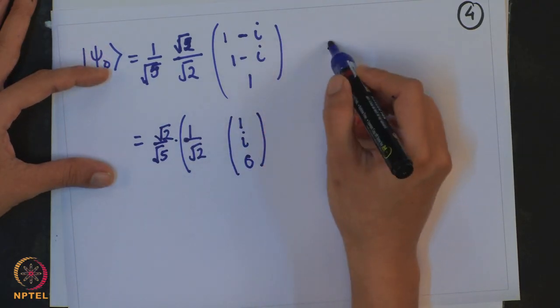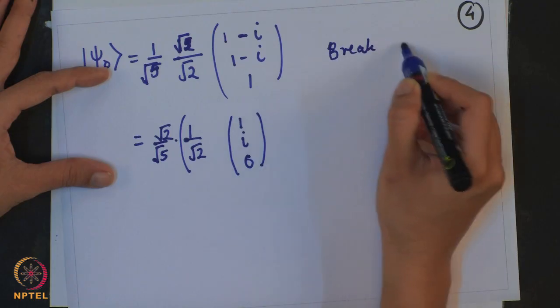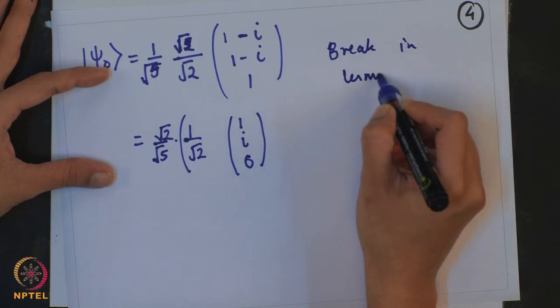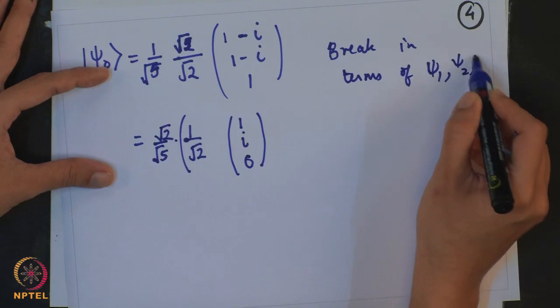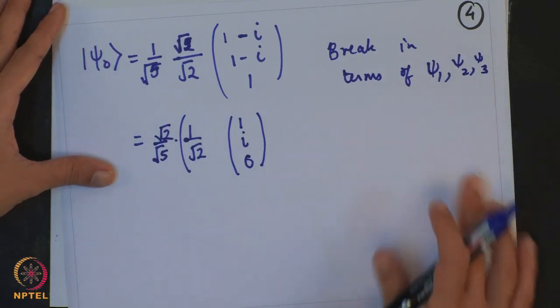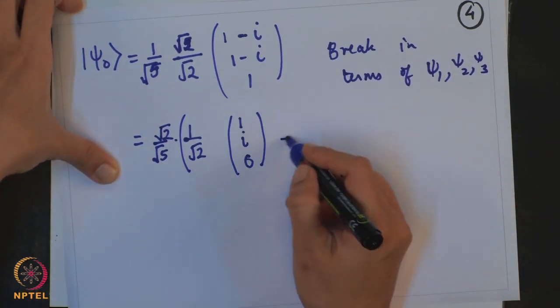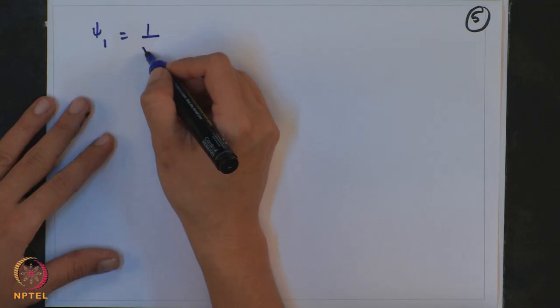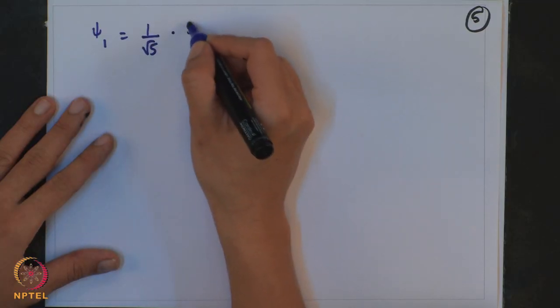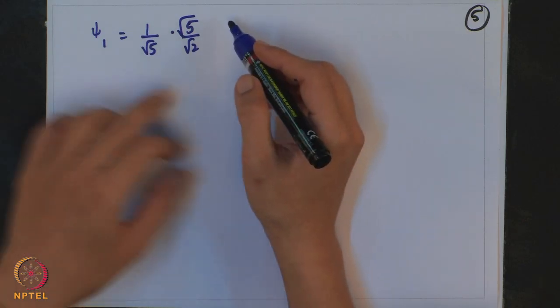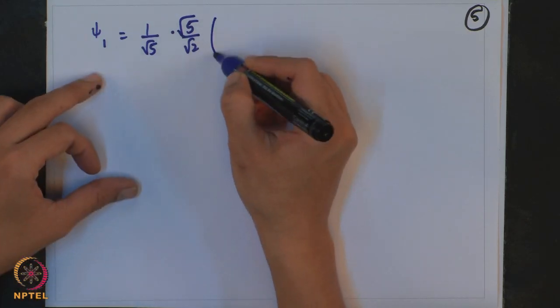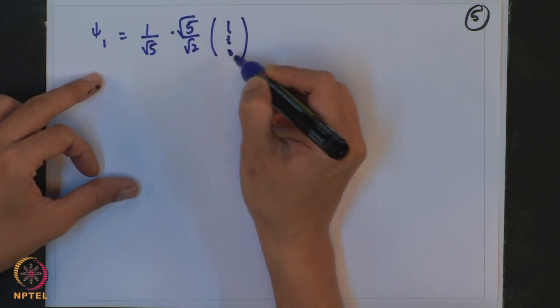One way would be to break this in terms of psi 1, psi 2, psi 3. Another way would be, and see what you get. Psi 1, I can write it as 1 by root 5 into root 5 by root 2, (1, i, 0).